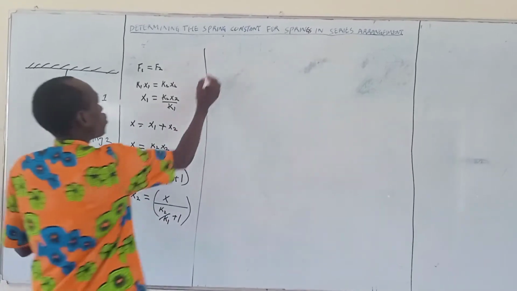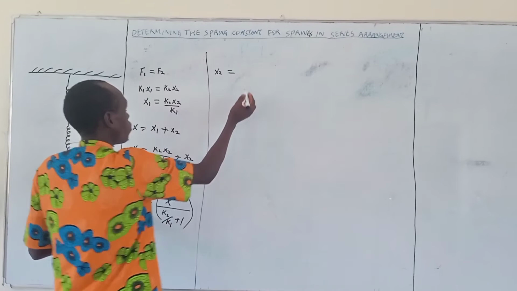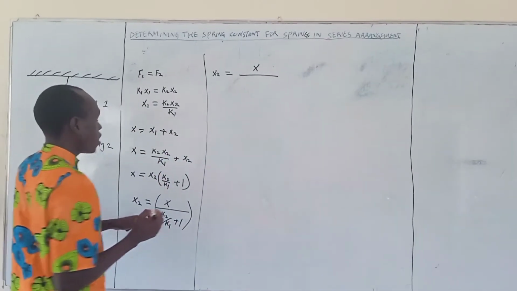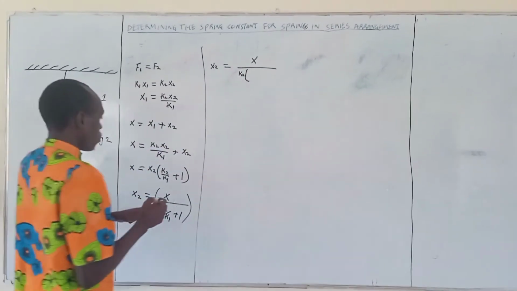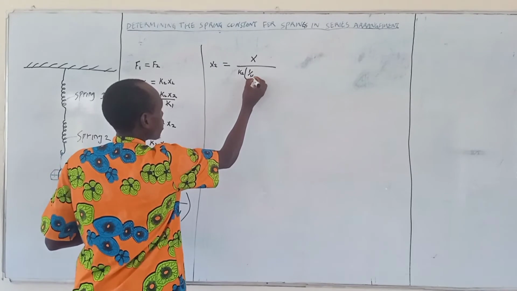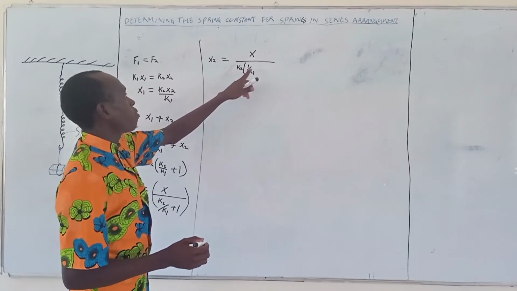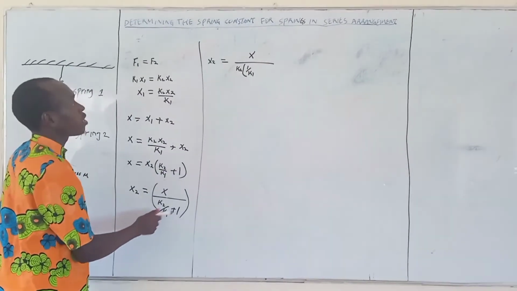Now, this denominator can be written in a different format also, so that it is also true to say X2 is equal to X divided by K2 in brackets 1 all over K1. When you multiply K2 multiplied by 1 over K1, you get K2 divided by K1.